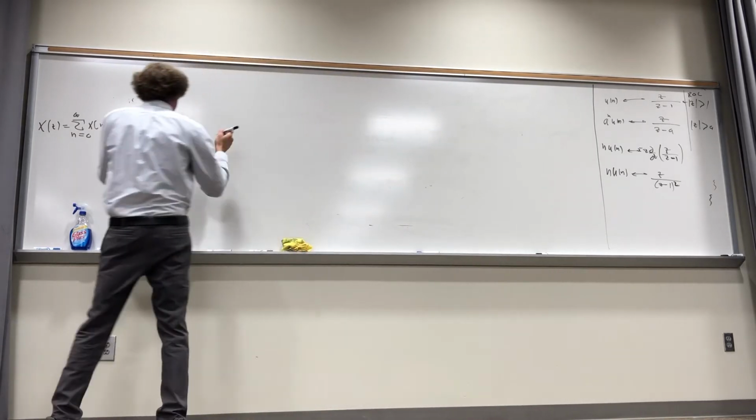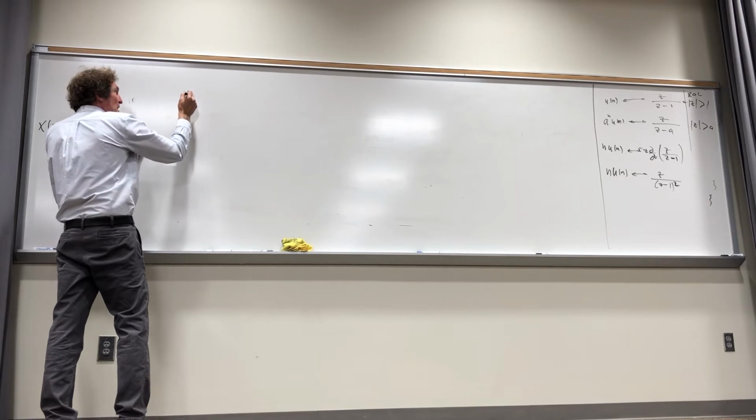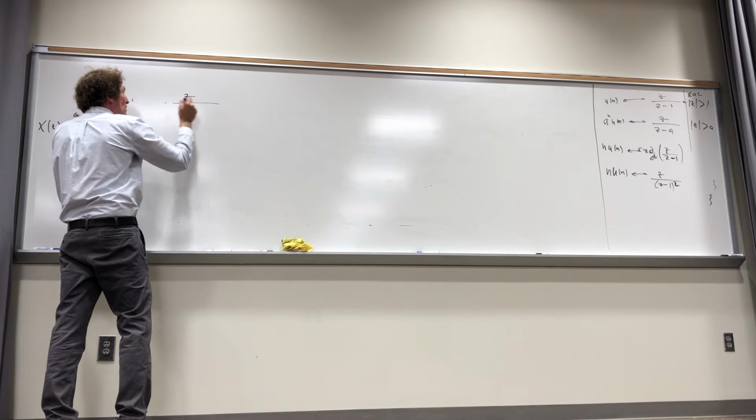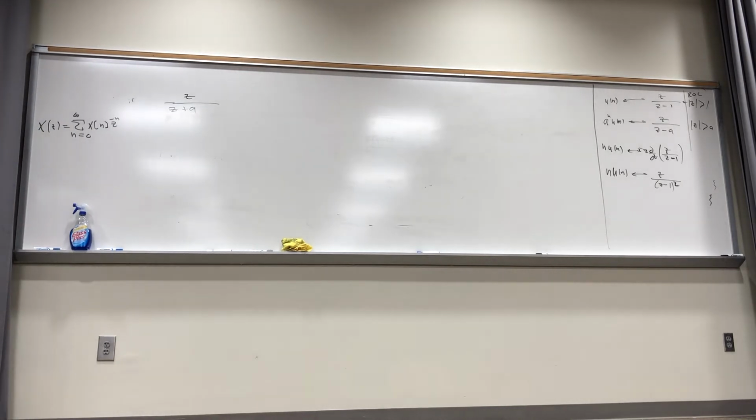All right. Now, what if I had this function? Suppose I have something where I have z over z plus a, not minus a. How do I deal with that? Anyone? I want z over z minus something, don't I, class? Follow me?